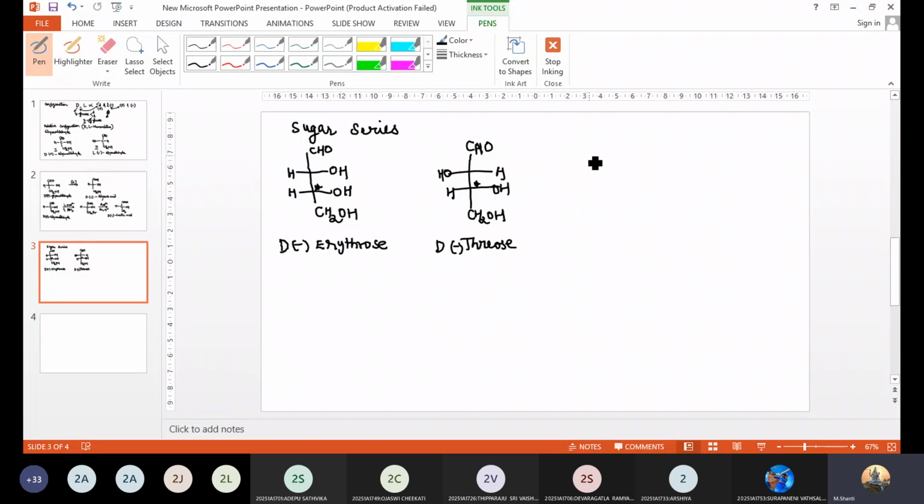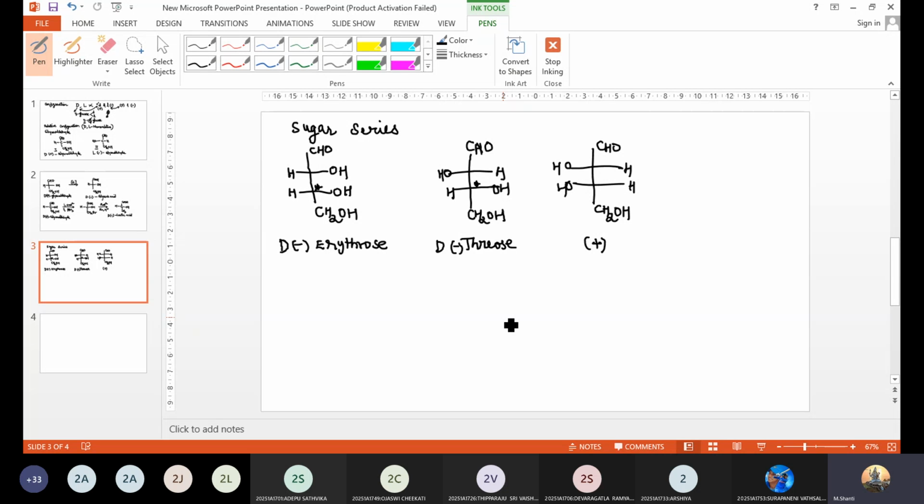Now suppose I write a molecule like this, let me see how you can answer this. I want the configuration of this molecule along with its name. Forget about the sign, because that is an imported one.